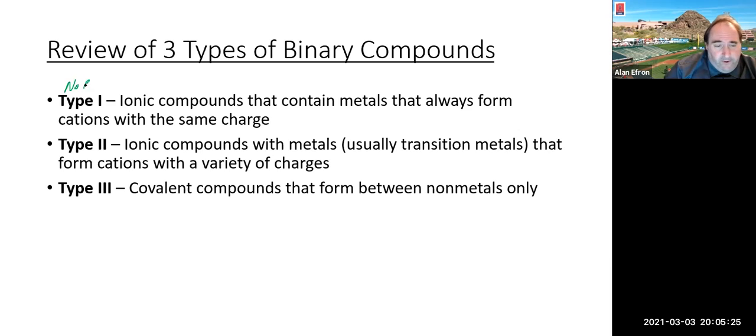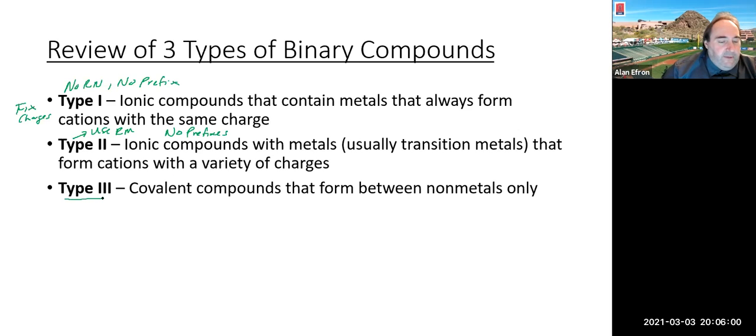So no Roman numerals, no prefixes here because they have fixed charges. Type 2, also metal and non-metal, also ionic compound, also held together by positive, negative attraction, no sharing of electrons. Type 2 metals, again, are transition metals, but do have a variety of charges, which means they use Roman numerals, but no prefixes.